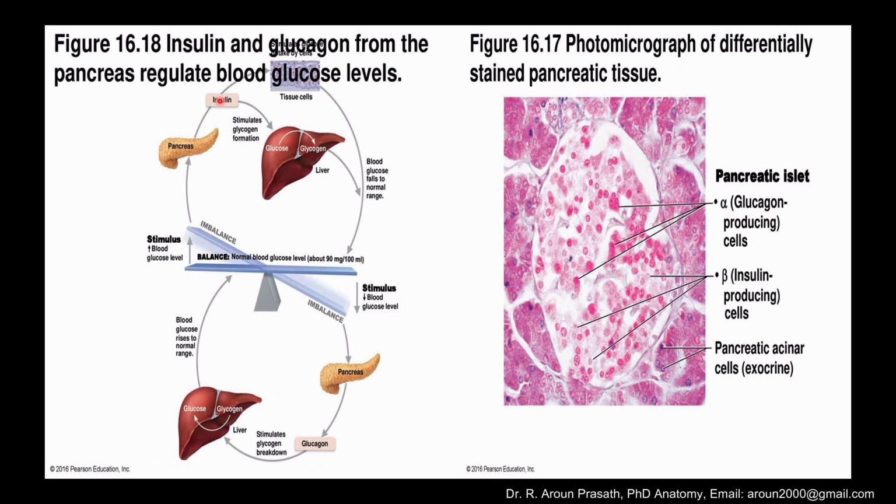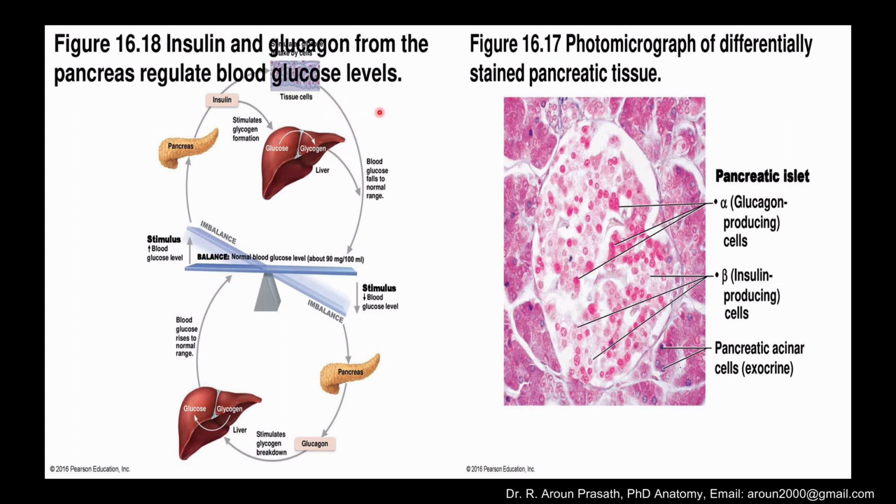This increased insulin goes to the cells and allows the glucose inside the cell, helping in the TCA cycle. About 50% of the glucose is converted into glycogen and stored in the liver for future use. So half of the glucose is converted into energy by the cells in the body, and half is converted into glycogen and stored in the liver for future use.